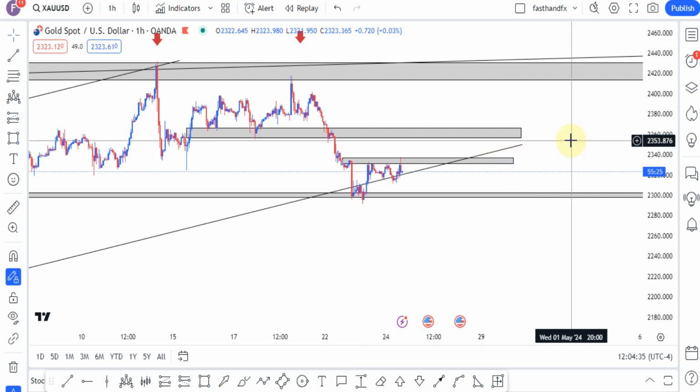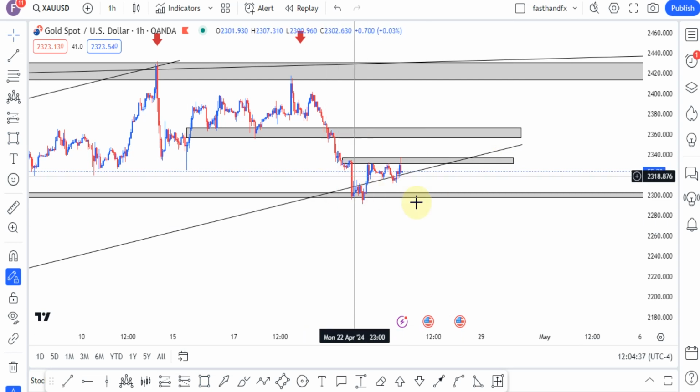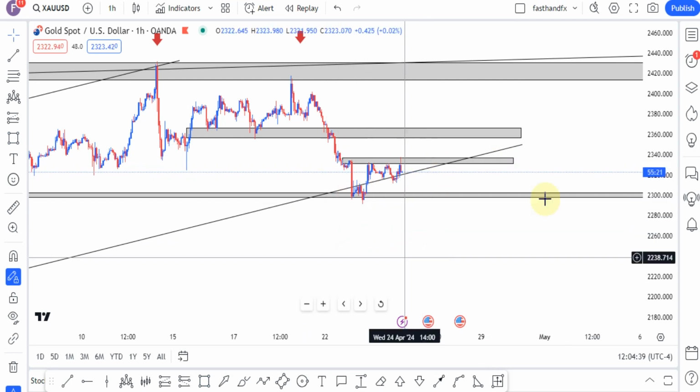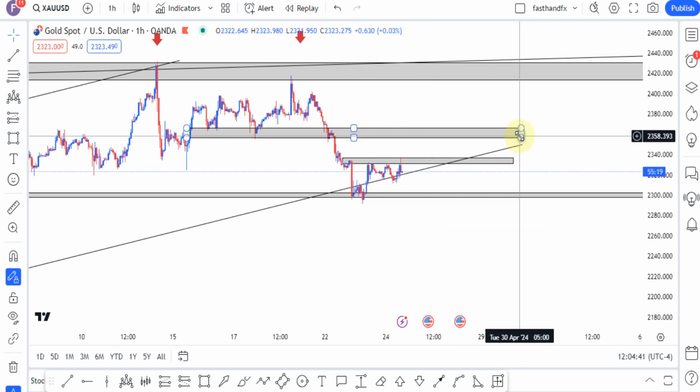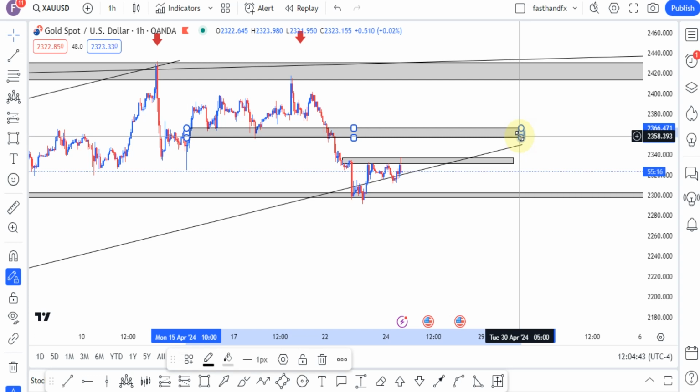We can only take our entries if the market comes out of this consolidation area.